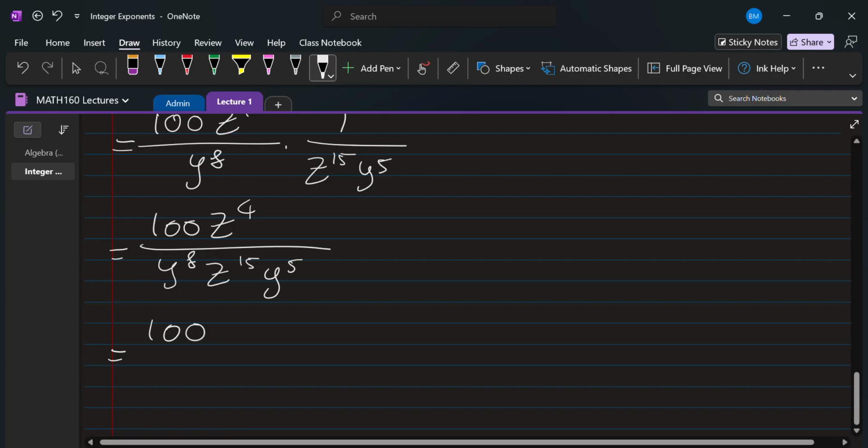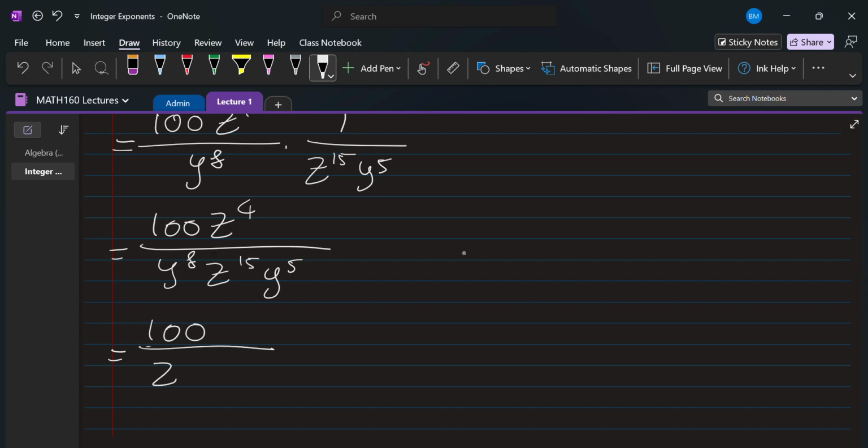We've got z to the 4 at the top, z to the 15 at the bottom. The bottom one is larger, 15 at the bottom. So we're going to have some positive exponents in the bottom. And that will be 15 minus 4 in the bottom. That'll just be 11 left over there. Does everyone see what I did there?